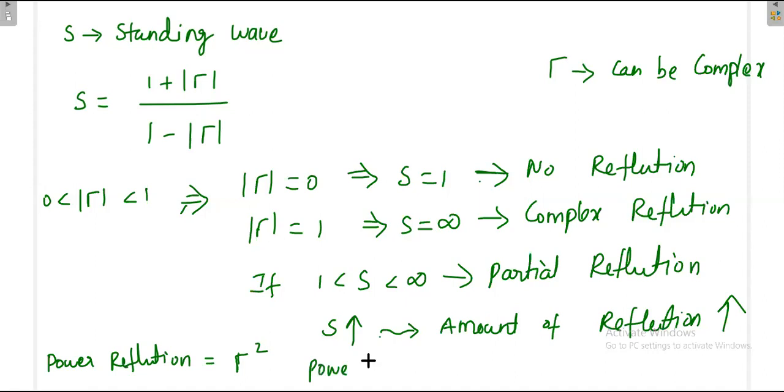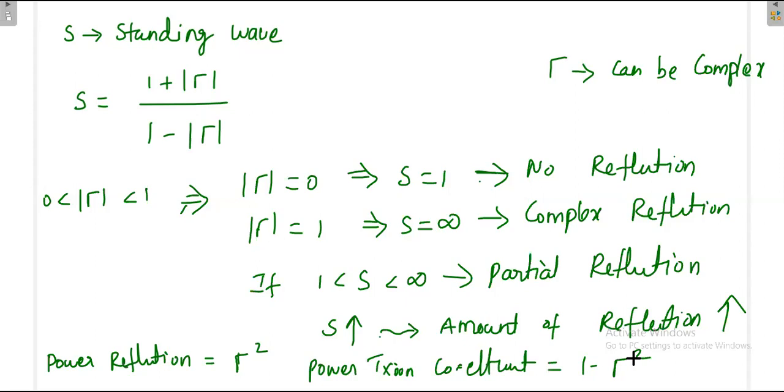The power transmission coefficient is equal to 1 minus tau square. The reflection coefficient tau is for the electric field. If it is for power, you calculate 1 minus tau square for transmission, and for reflection, simply tau square.